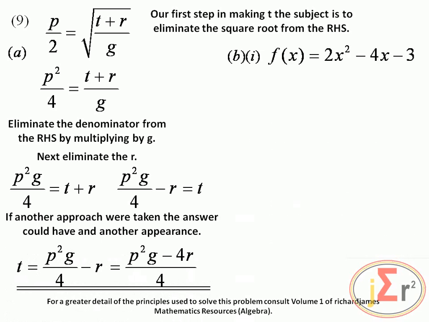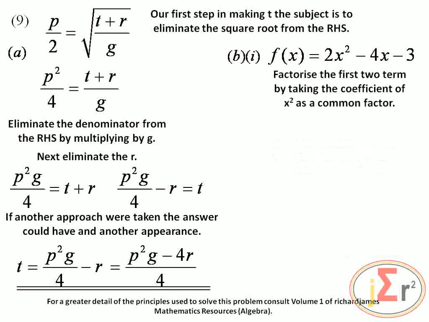We have f of x is equal to 2x squared minus 4x minus 3, and we are required to write it in a form which is, of course, by the process of completing the square. So in completing the square, what do we do first?